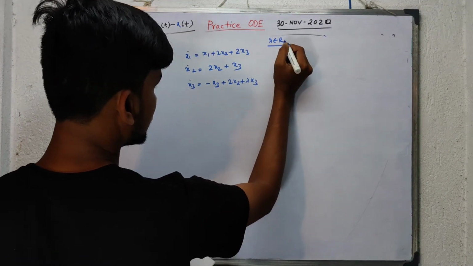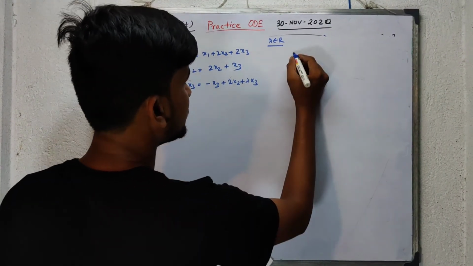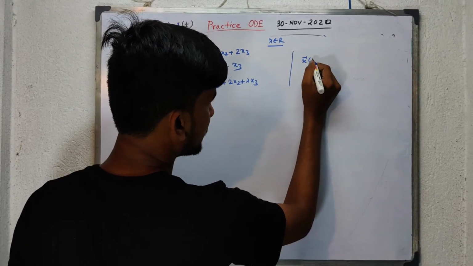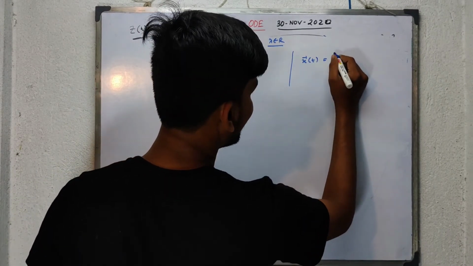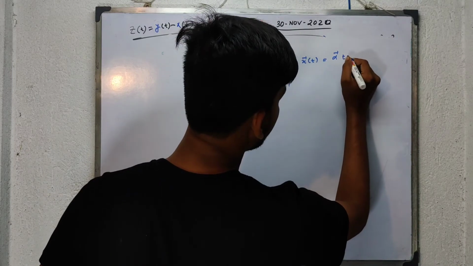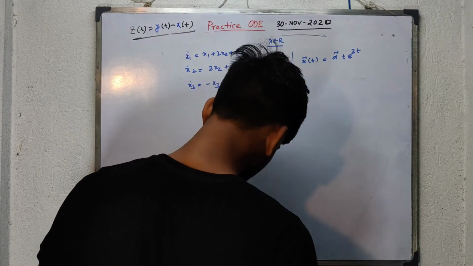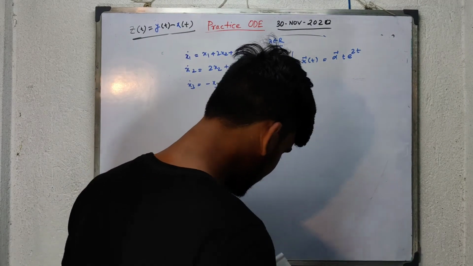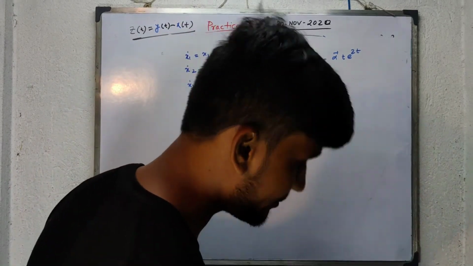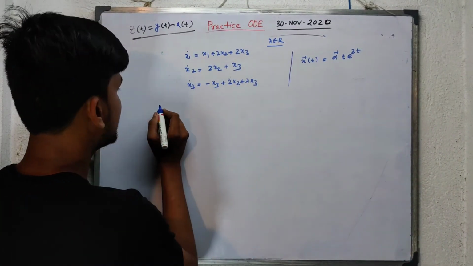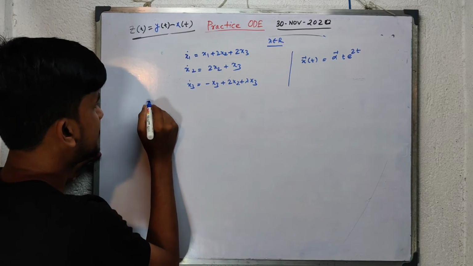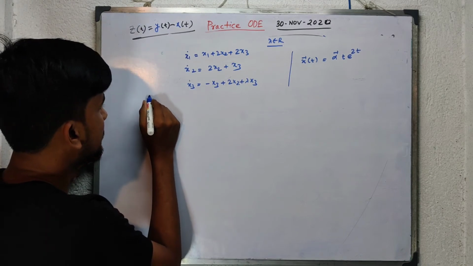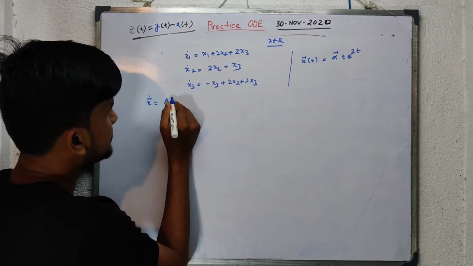Lambda belongs to R. If x(t) equal to alpha t exponential 2t for some alpha is a solution of the system, then what is the value of lambda you have to find. So we can write the system as x dot is equal to A x.